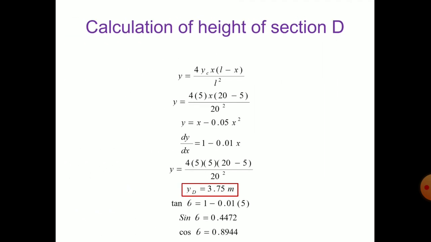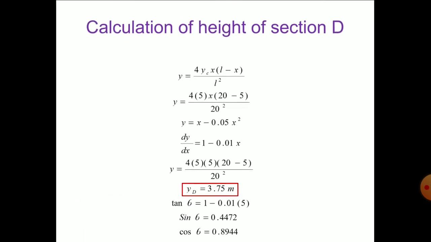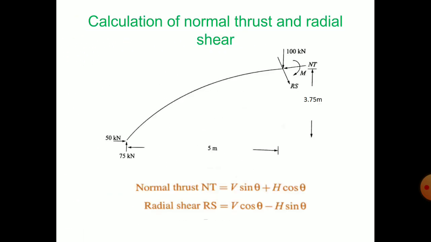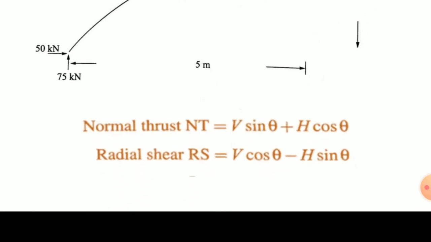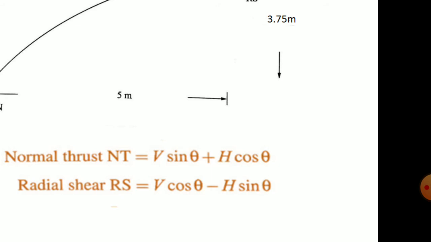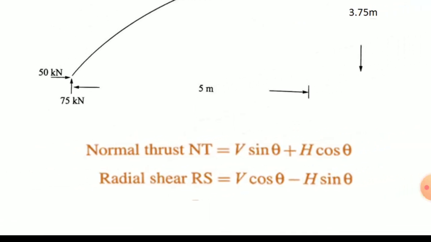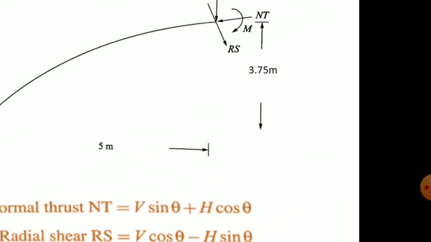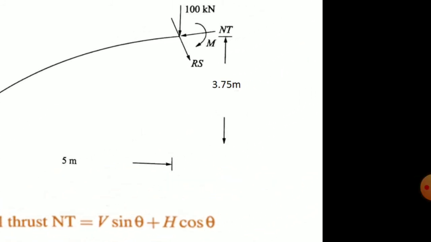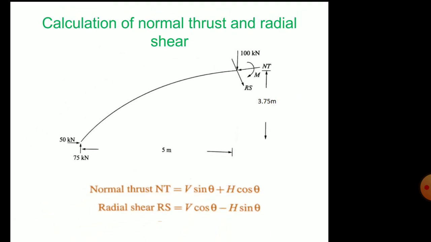So applying the sin theta and cos theta, we can calculate the normal thrust and radial shear as follows. Normal thrust is equal to V sin theta plus H cos theta, and radial shear is equal to V cos theta minus H sin theta, where V is the vertical reaction at A and H is the horizontal reaction at A. So from this we can find the normal thrust and the radial shear at the required section.